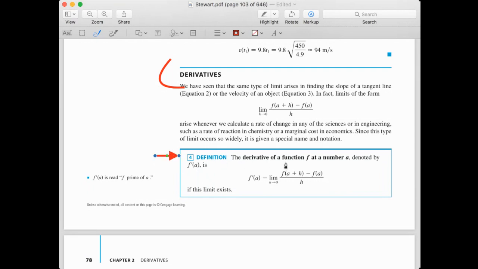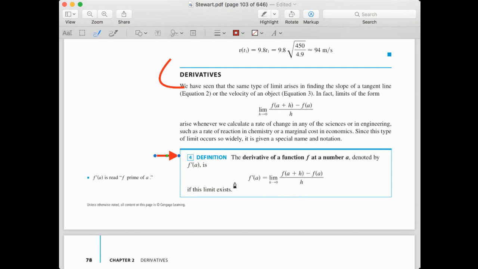The derivative of a function f at a number a, denoted by f prime of a. So read this as f prime of a. f prime of a equals the limit as h approaches 0 of f of a plus h minus f of a, divided by h.